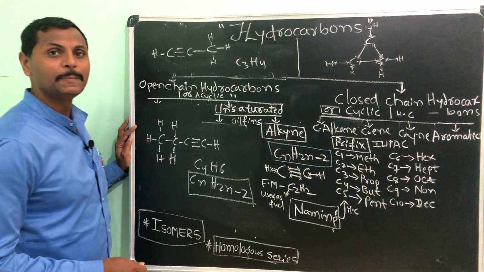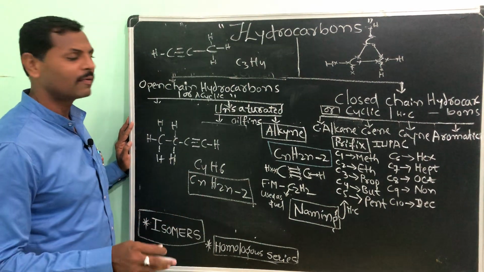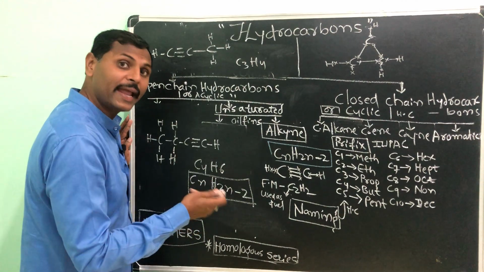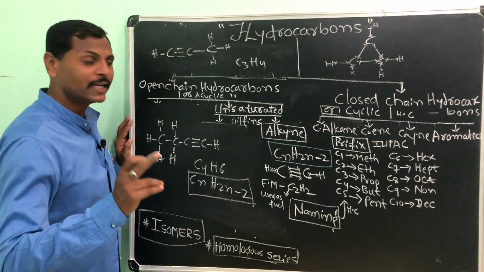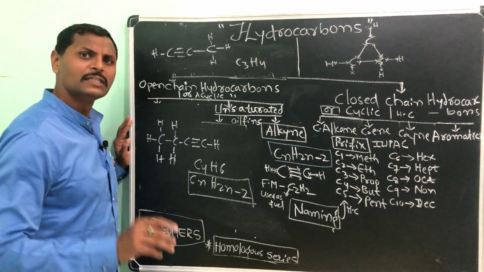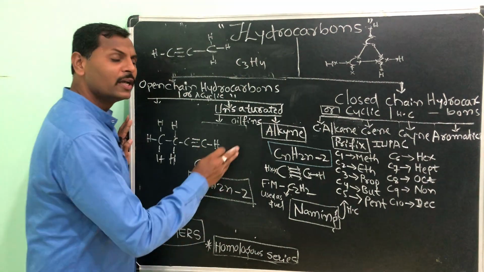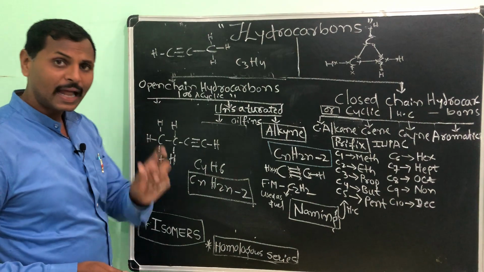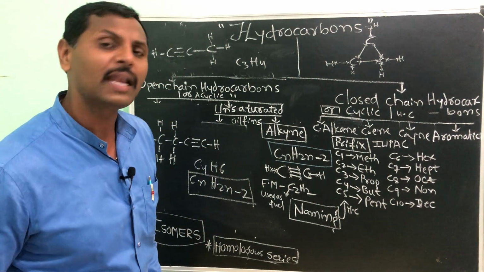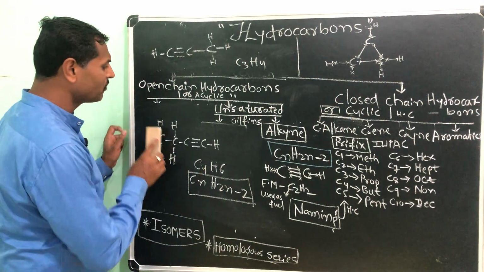Simply by seeing the molecular formula, you can say whether it belongs to the alkane, alkene or alkyne. A very important thing here is the general formula. Just by seeing the general formula, you can say whether that hydrocarbon belongs to alkane, alkene or alkyne. We will try it now.